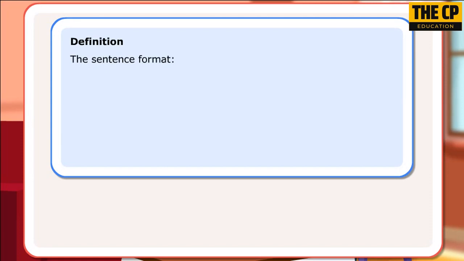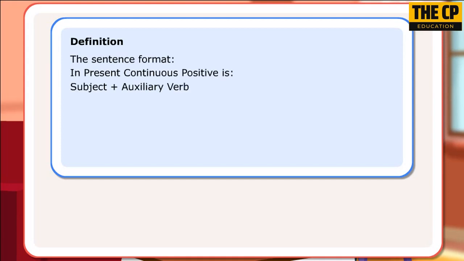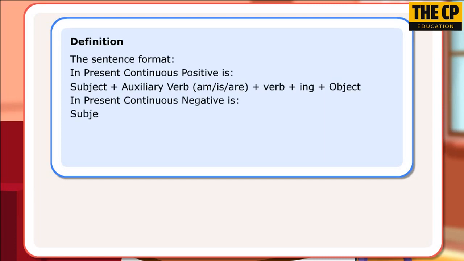The sentence format. In present continuous positive is subject plus auxiliary verb, am or is or are, plus verb plus ing plus object. In the present continuous negative is subject plus auxiliary verb, am or is or are, plus not plus verb plus ing plus object.